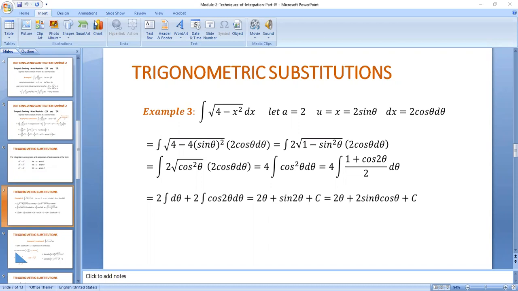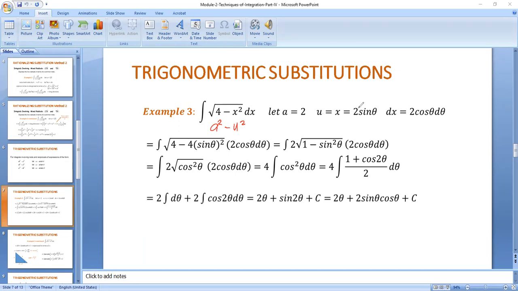Now you see here the square root of 4 minus x squared. This expression is comparable to a squared minus u squared. Based on our substitution equation presented in the previous slide, your substitution here would be u equal to a sine theta.